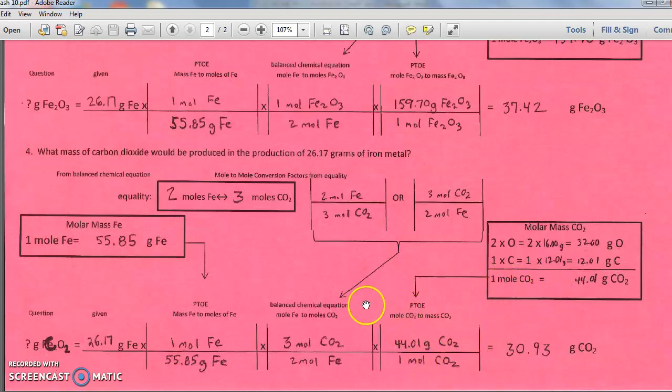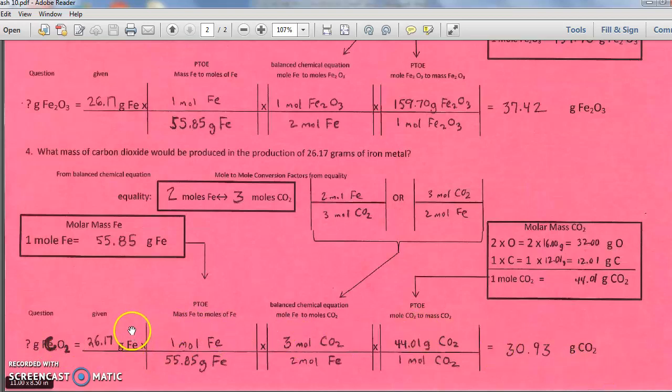This one would go on the bottom so that they cancel or factor out via the dimensional analysis. This label cancels with this label. The factor label method. Grams of iron cancels with grams of iron. The only one that didn't cancel is grams of carbon dioxide. That's thankfully the one we're looking for. It's the only unit that doesn't cancel.